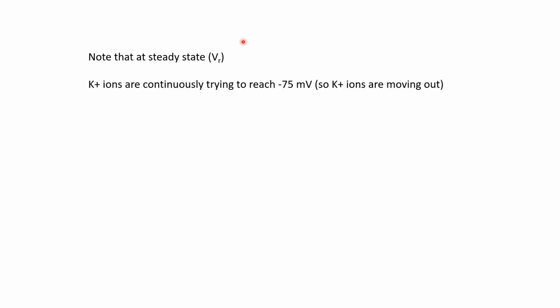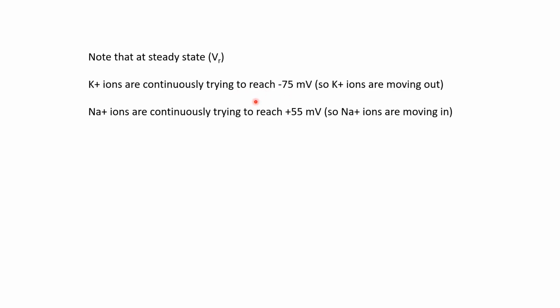And because this VR value is different from minus 75, potassium ions will move and they will try to still reach minus 75, which is their preferred value of membrane potential. And similarly, sodium ions will keep on moving and they will try to reach their equilibrium potential, which is plus 55 millivolts.